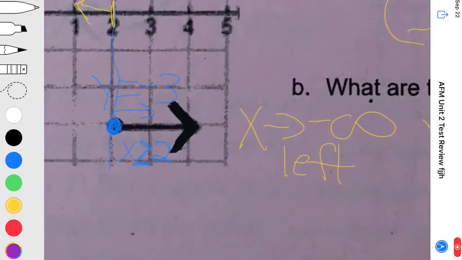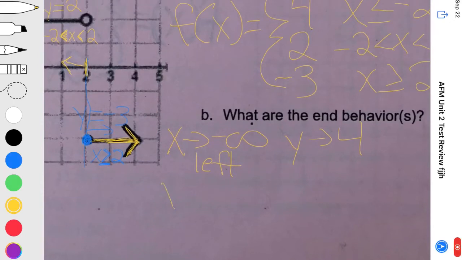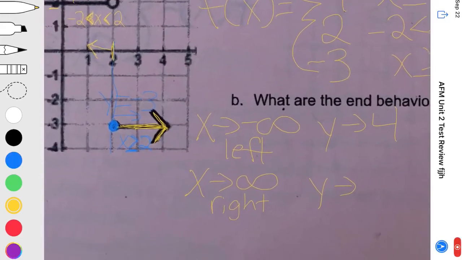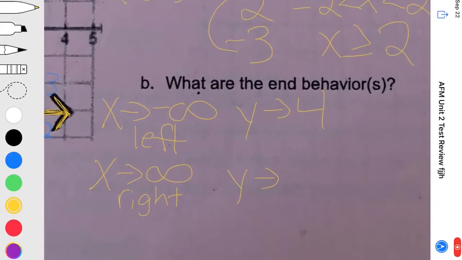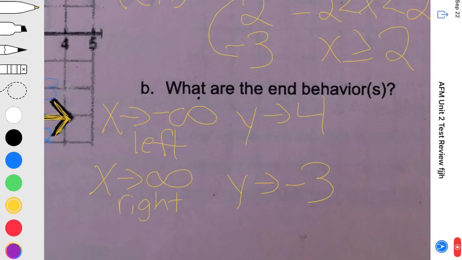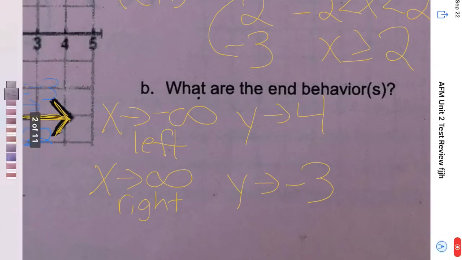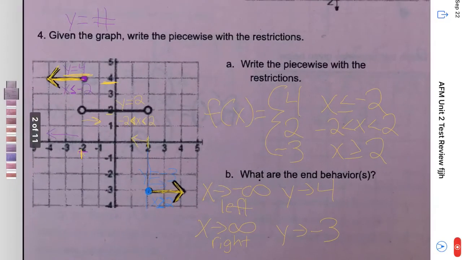Then we have our second arrow, going to the right. As our x values go to +infinity, which is the right, our y values are going to -3. So that is our end behaviors for number 4.